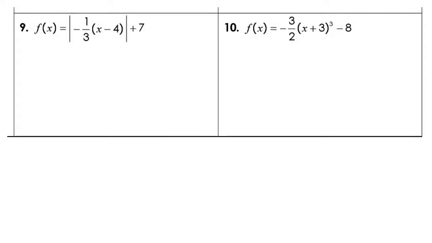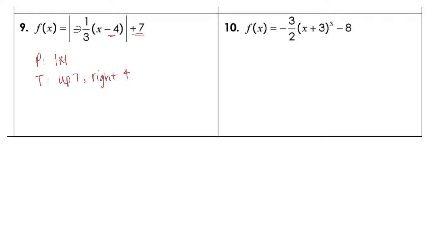Okay, so here again, our parent function is the absolute value function. And our transformations here, we're going to move up 7 from here. On the inside here, we're going to move right 4. And let's see, what else do we have?